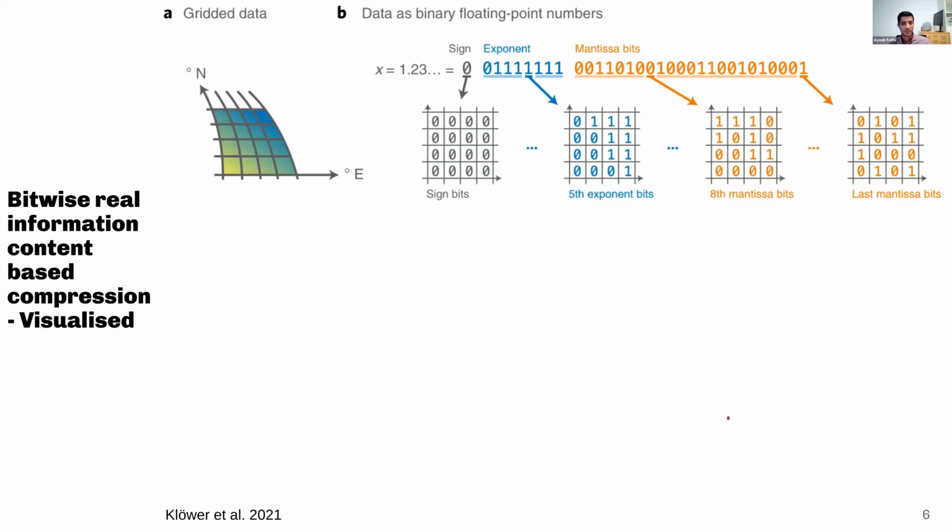The next set of bits, represented by blue, represents the biased exponent. It controls how far and in which direction to move the decimal point in the fraction. And the remaining bits in orange represent the mantissa, also known as the significand or fraction. These bits represent the fractional portion of the number in binary form.